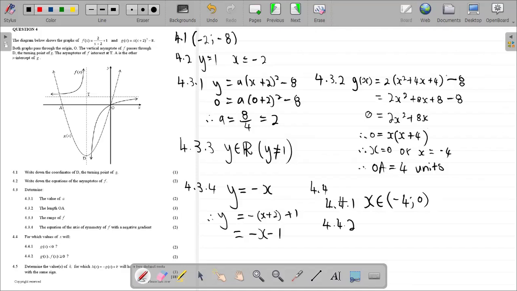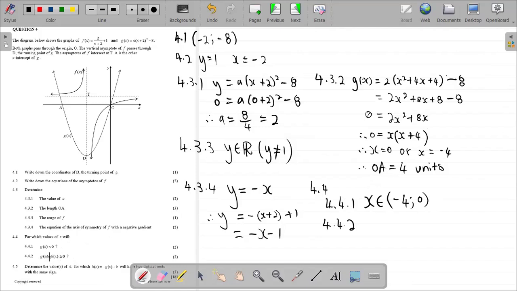Now 4.4.2, they're asking when g of x multiplied by f of x is greater than or equal to 0. When they give you a positive number, it means they both have to be positive or both negative.